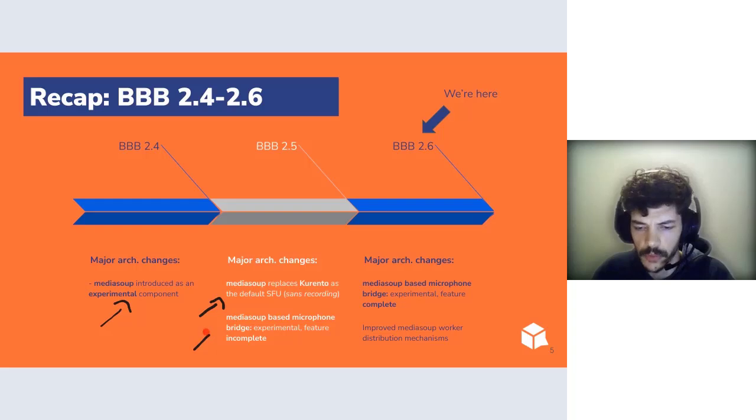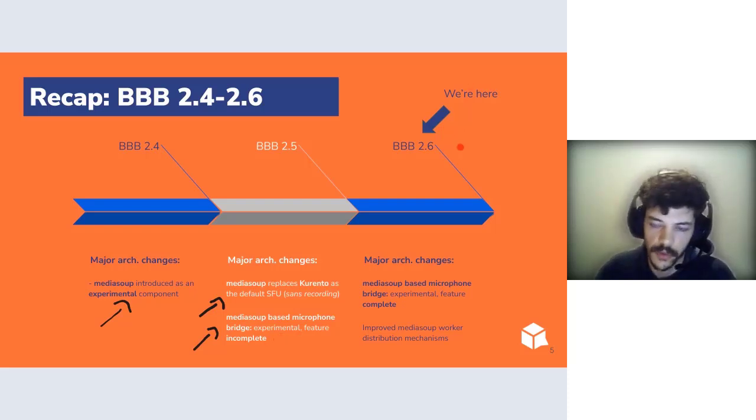In 2.5, we also introduced a new microphone bridge, which was based on mediasoup as well. So our idea of unifying the front-end media servers and taking FreeSwitch out of the client side started here, and we introduced that new bridge as an experimental feature, and it was still feature incomplete.